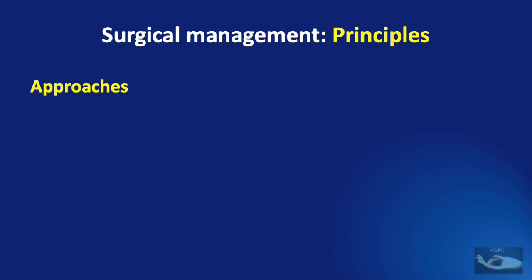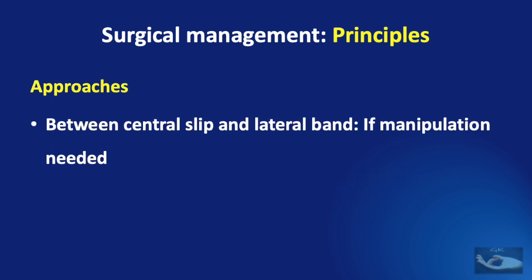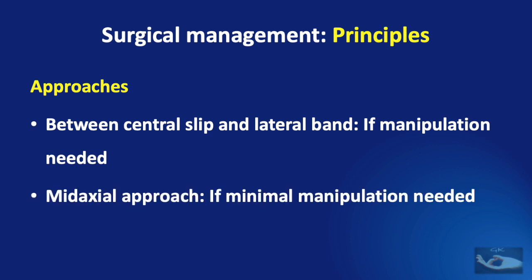The condyles can be surgically approached between the central slip and the lateral band if there has been a lot of displacement and manipulation is needed, or by the mid-axial approach if minimal manipulation is required.